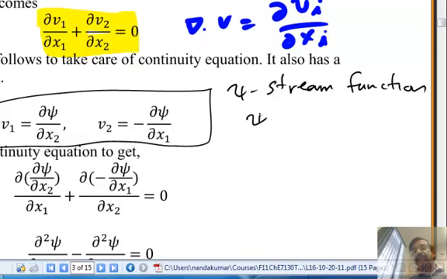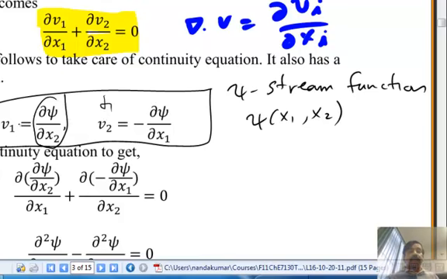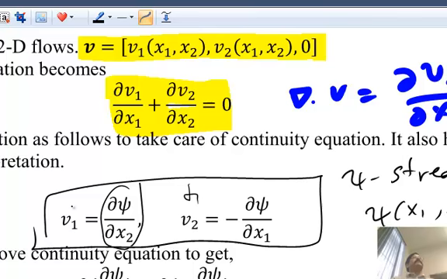What is ψ? It is a scalar function of both x1 and x2. When you take its derivative with respect to x1 and put a minus sign, it will give you v2. And when you take the derivative of the same function with respect to x2, it will give you the component v1.